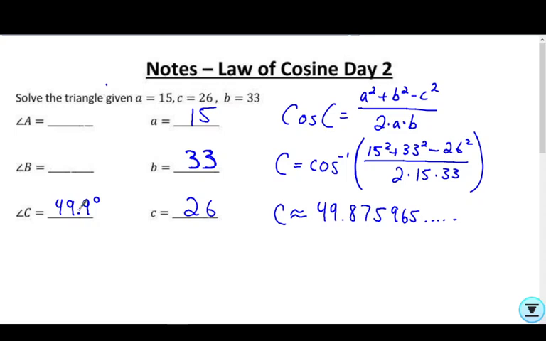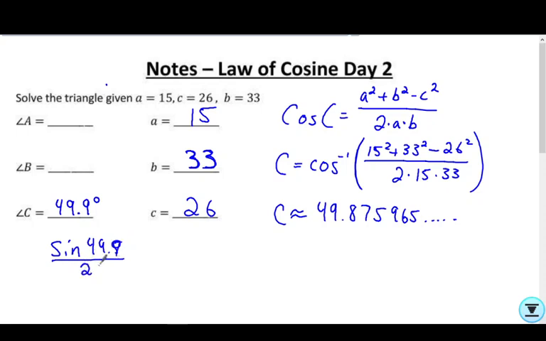To be honest, if you wanted to avoid worrying about that, you could have started by solving for angle B first, since it's the biggest side and the one that could possibly have an obtuse angle. But since we started from angle C, if we switch to law of sines, we should start with angle A first.